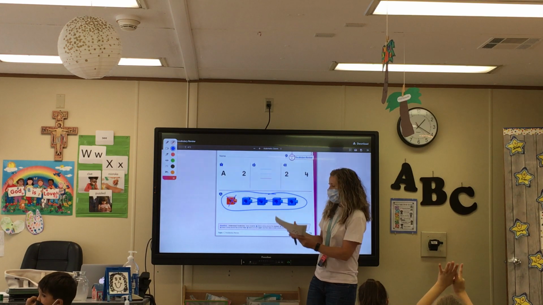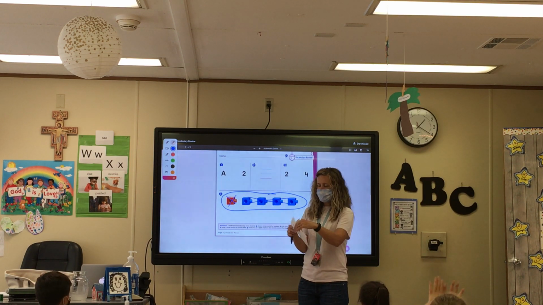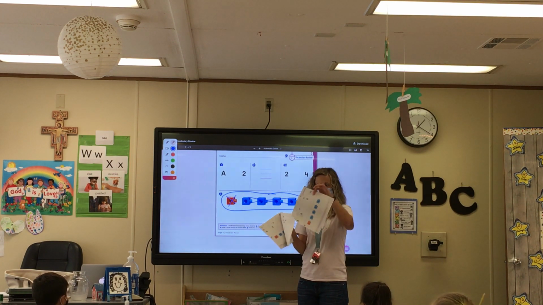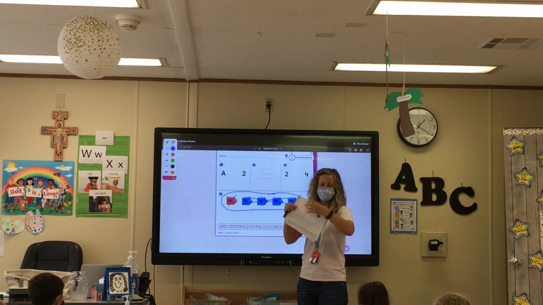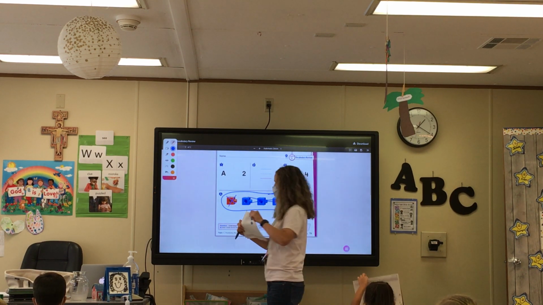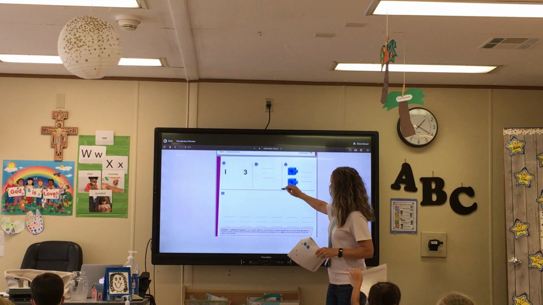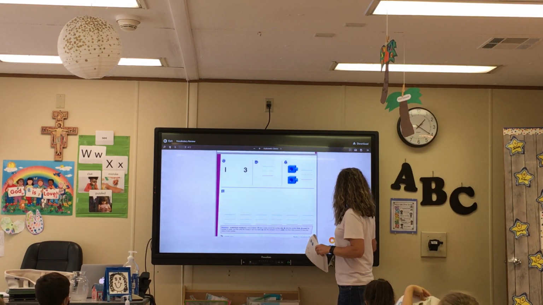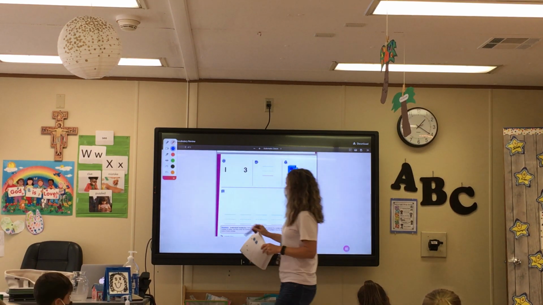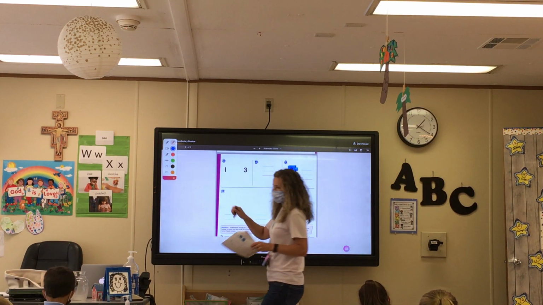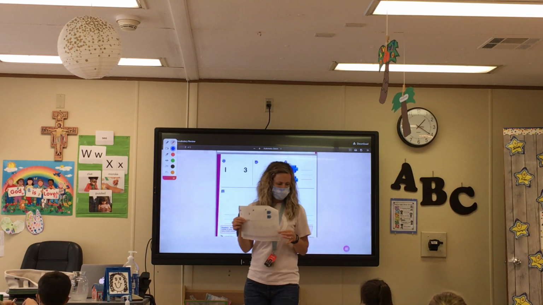Okay. All right, guys. We're going to lift and turn to the back. Find number 5. Look on the back. So do this page here. It's going to be a purple one, okay? You'll have purple on the side.